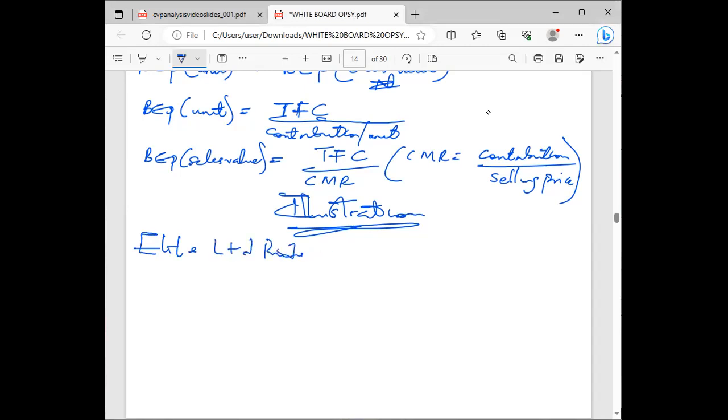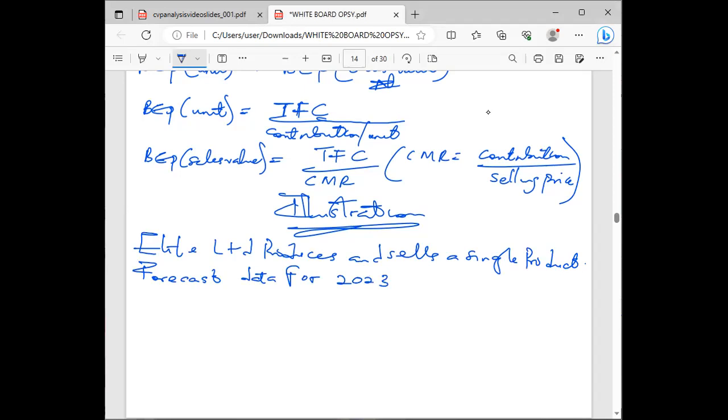Let's say Light Limited produces and sells a single product. Forecast data for 2023 is as follows.